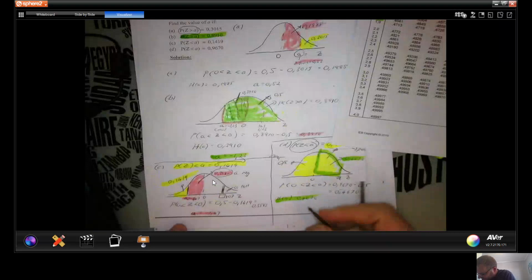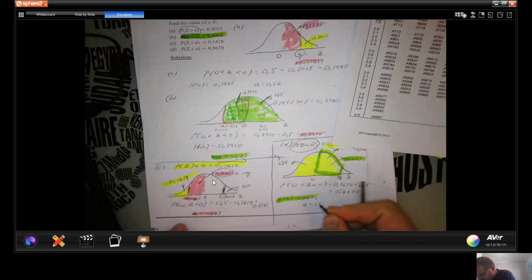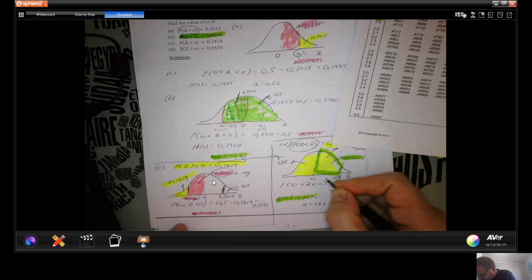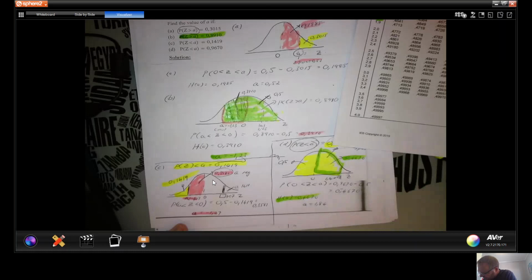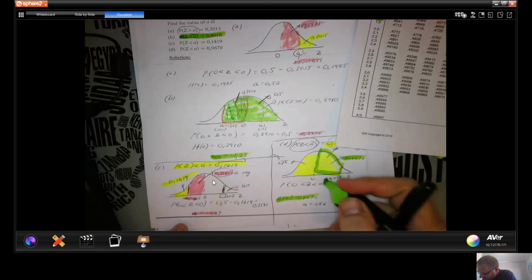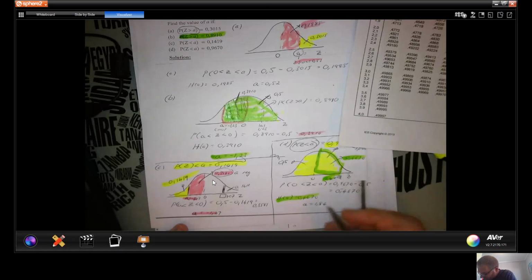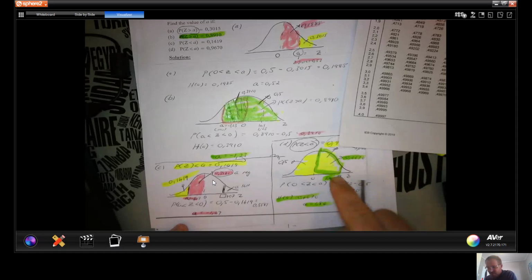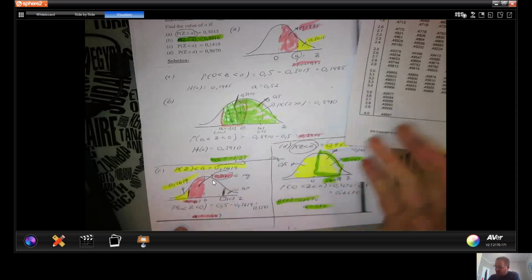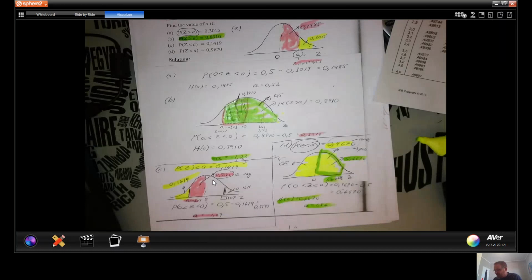So A is equal to 1.84. That Z score there is 1.84. So if you have a Z score of 1.84, nearly 2 standard deviations to the right of the mean, then you're going to have 96.7% probability of things being to the left of that particular score.